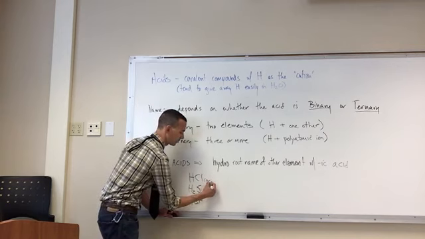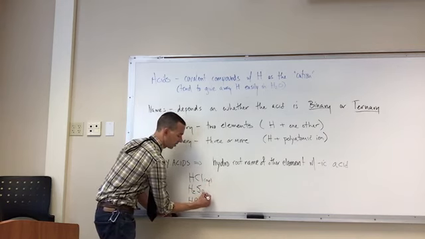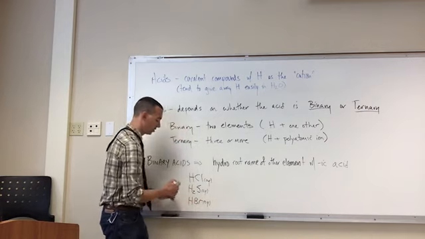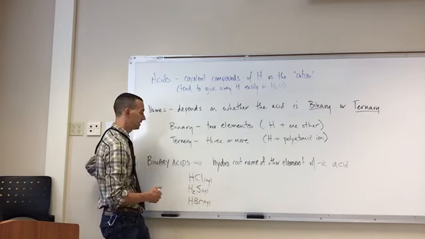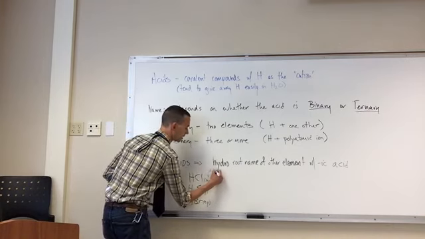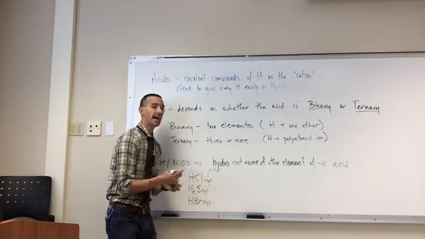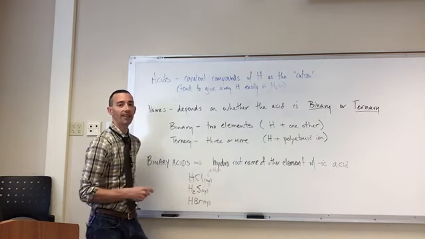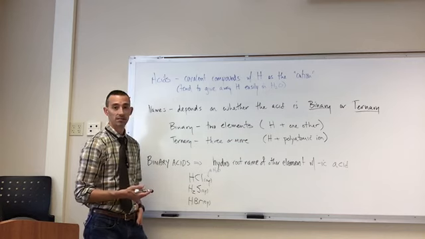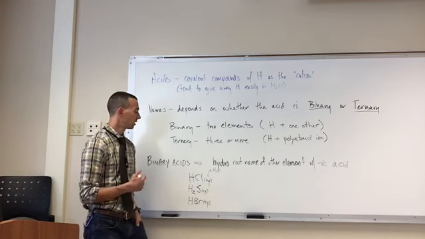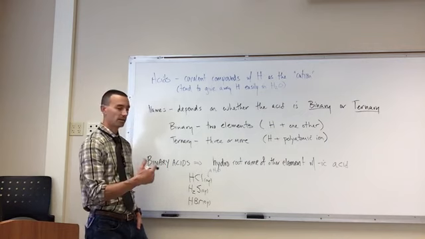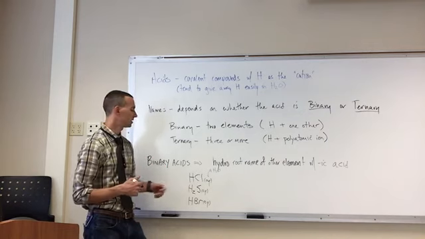technically these should be written, by the way, with an AQ after them. That AQ indicates that this substance is in water. All right? That's when these compounds behave as acids. All right? Technically that AQ should always be there, just as a redundancy to remind you that these things are acids.